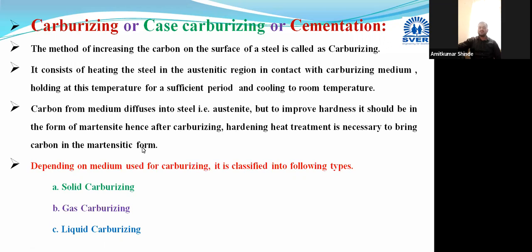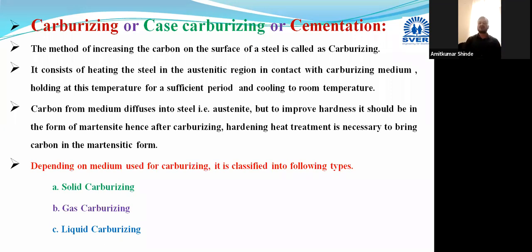Now, depending on the medium used for carburizing, there are three types of carburizing. Suppose you are using a solid medium to get the carbon, then it is termed solid carburizing. If the source of the carbon is a gas medium, then it is termed gas carburizing.